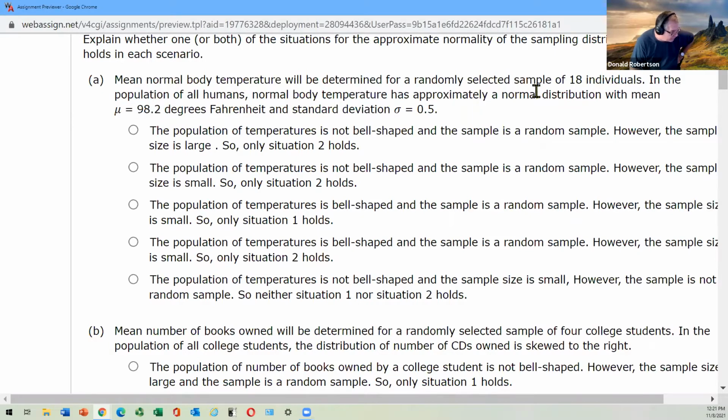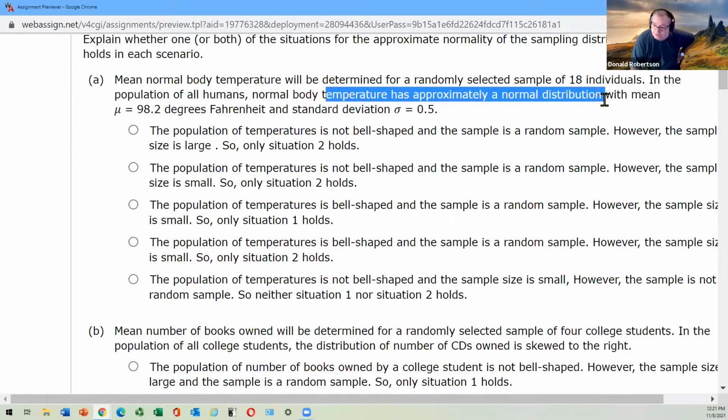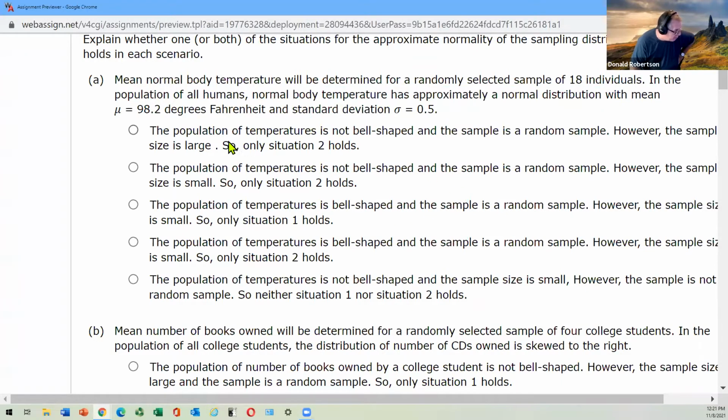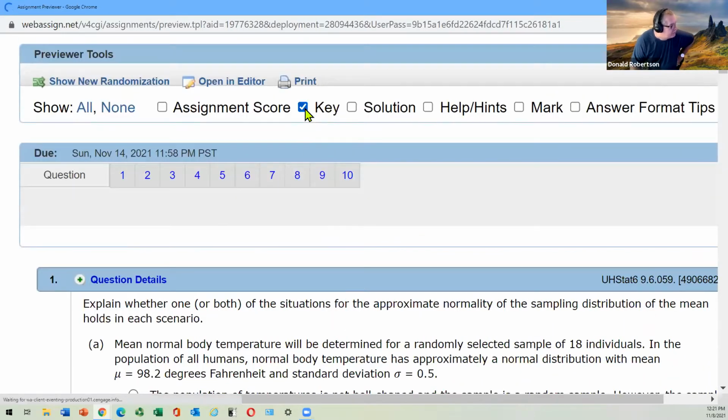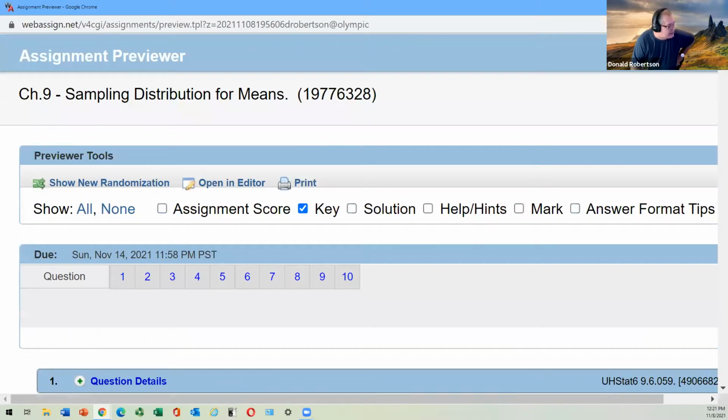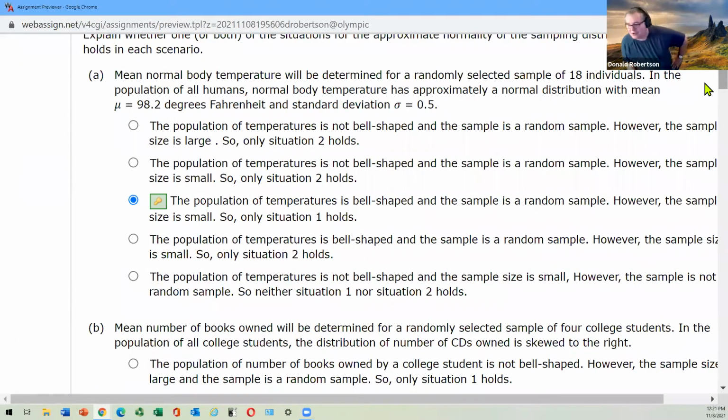So we do know that this is approximately normal in shape, don't we? Because they tell us that in the instruction. So here goes. The population of temperatures is bell-shaped. However, the sample size is small. That's the answer I'm picking, because isn't 18 less than 30? Right. So now I'm going to check and find out whether 18 is okay for them. And guess what? We agree, at least for 18, right?